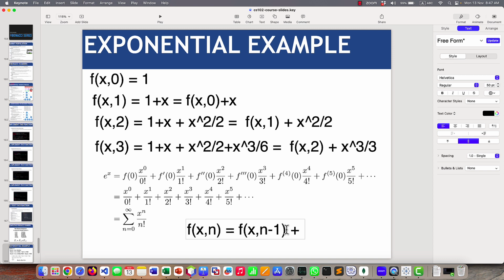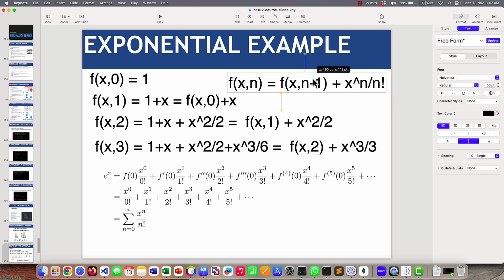What is this term? x power n over n factorial. That's the recursive case, we solved the problem.